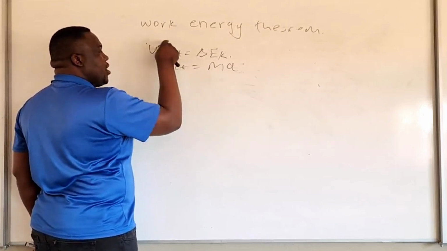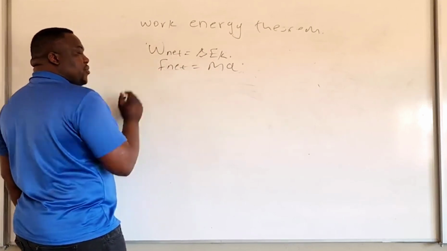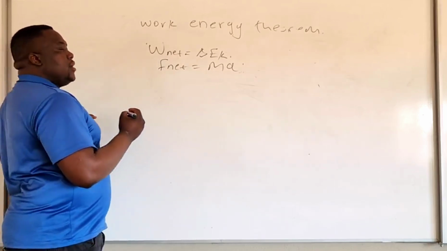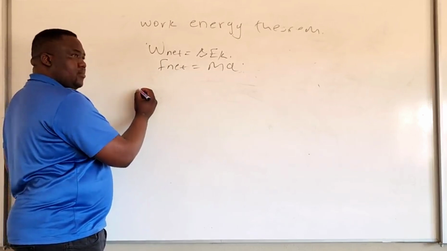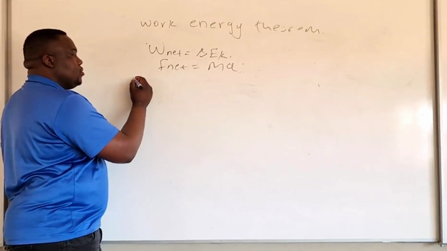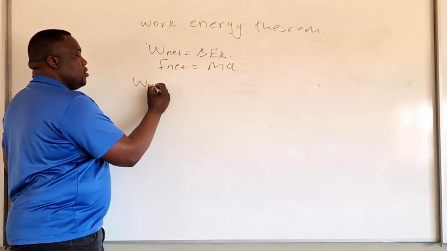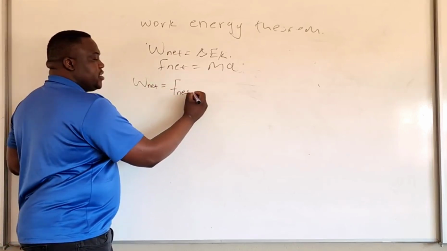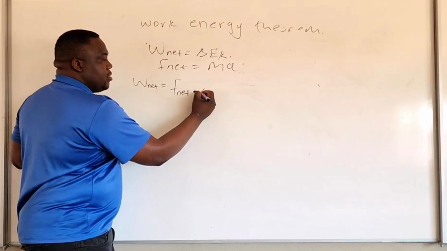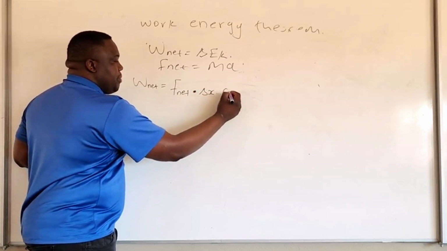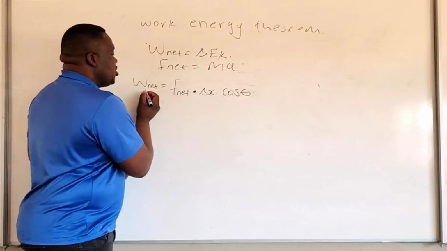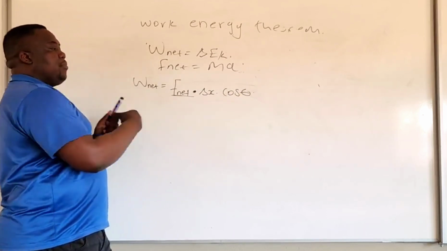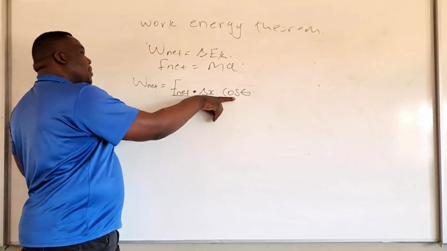Because work net is the work done by this net force. And what does it mean? We know that work is equal to the force. What is the force? It is the net force this time, multiplied by the displacement, multiplied by cos theta. So work net is equal to F net multiplied by the displacement multiplied by cos theta.